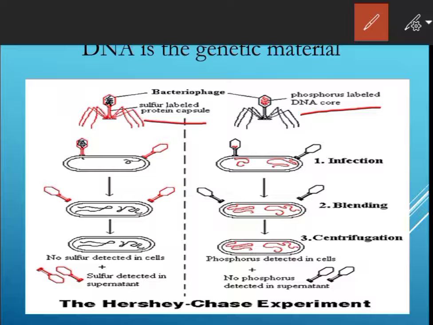The virus grown in the presence of radioactive phosphorus, that is P32, contained radioactive DNA but not radioactive protein. This is because DNA contains phosphorus and protein does not.